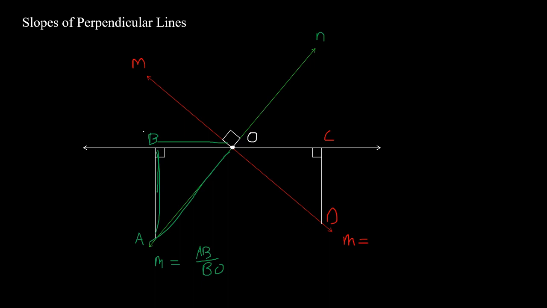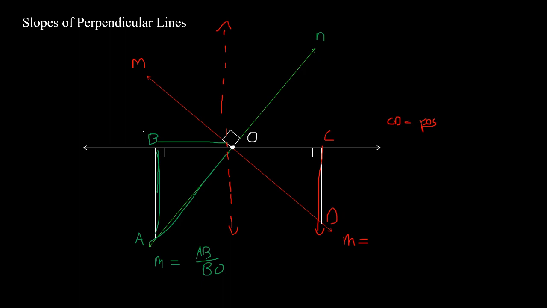But here's the thing. Your rise over here, as you can see, is going down. Normally the length of, let's say, CD is going to be a positive number. But you can pretty much just imagine this on the Cartesian plane.